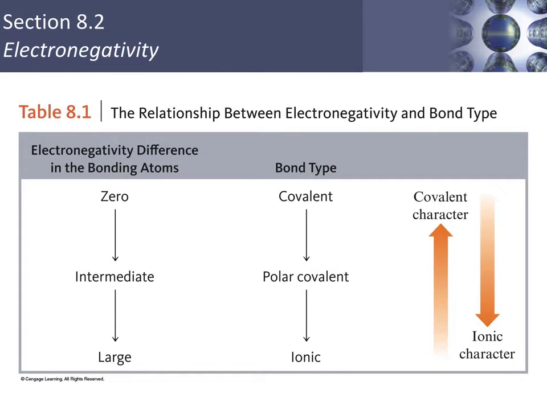If the electronegativity difference is intermediate, between 0.5 and 1.7, we would consider that a polar covalent bond. What's interesting about polar covalent bonds is they have somewhat covalent character and somewhat ionic character as well. If the electronegativity difference is large, greater than 1.7, we'd consider it an ionic bond. In that situation, they would have high ionic character and low covalent character.